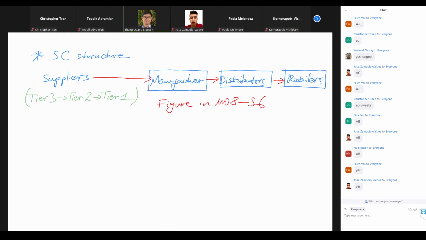All right. Okay, so next, I would like to talk about the performance metrics. So as a supply chain manager, what are the numbers? What are the metrics that we need to keep track of so that we can manage our operations, right? Then the first group of metrics is called cost metrics.